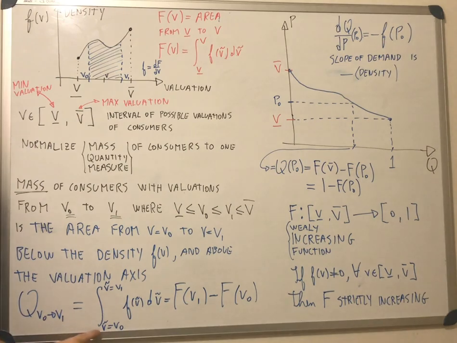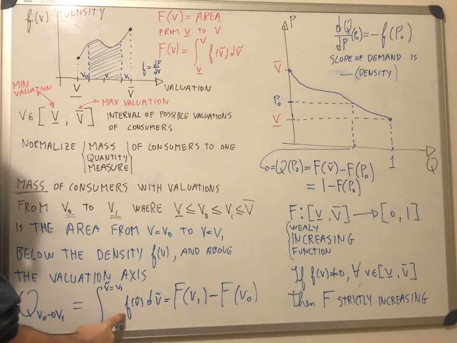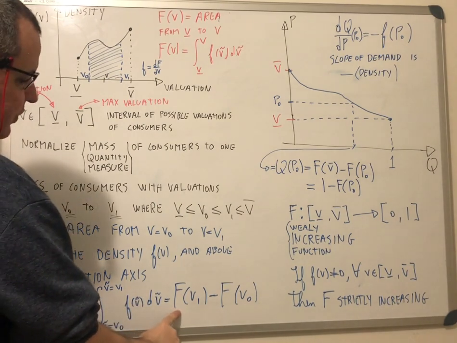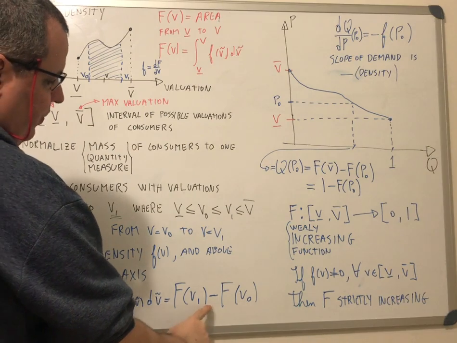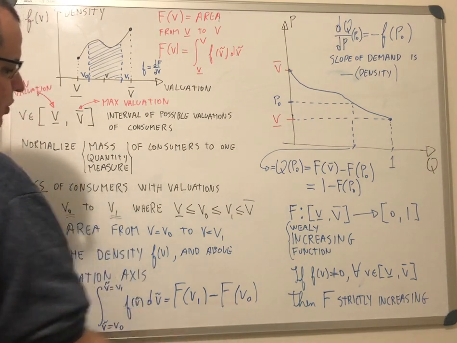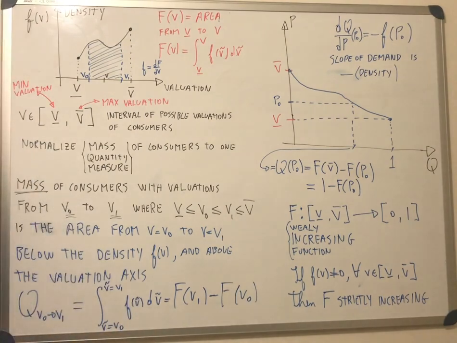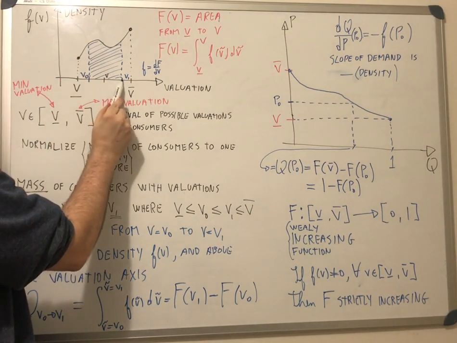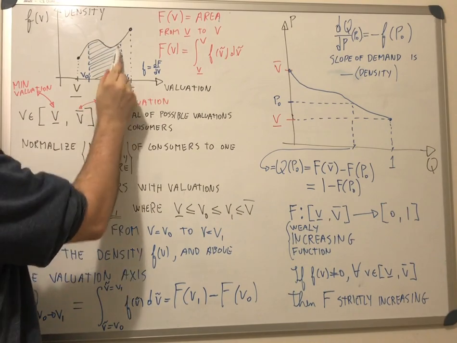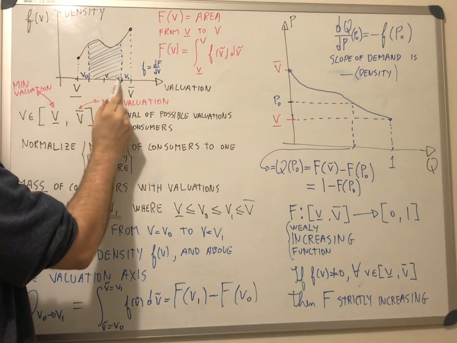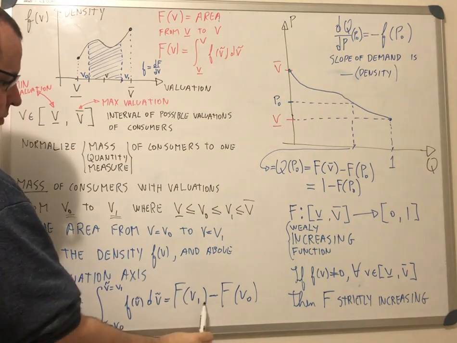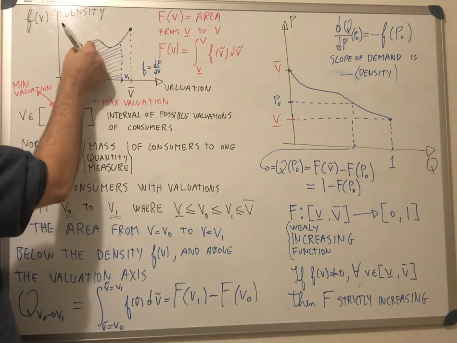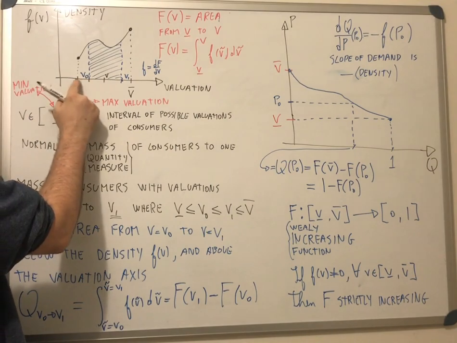If you know calculus, you know that's the integral of the density function from V0 to V1, or the cumulative distribution up to V1 minus the cumulative distribution up to V0. So I'm saying this blue area is equal to the area if I were to start here and go all the way to V1, minus this little strip, the area from here to here.